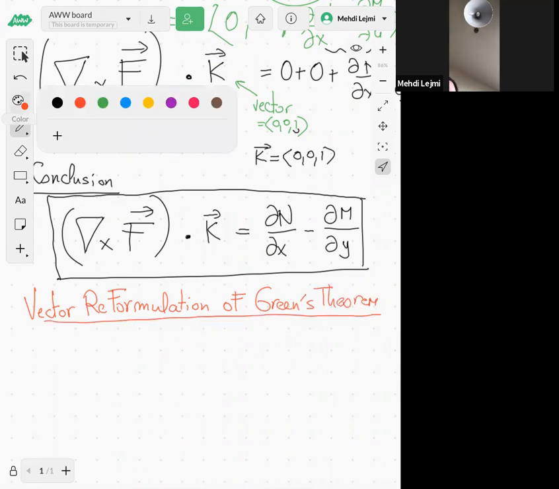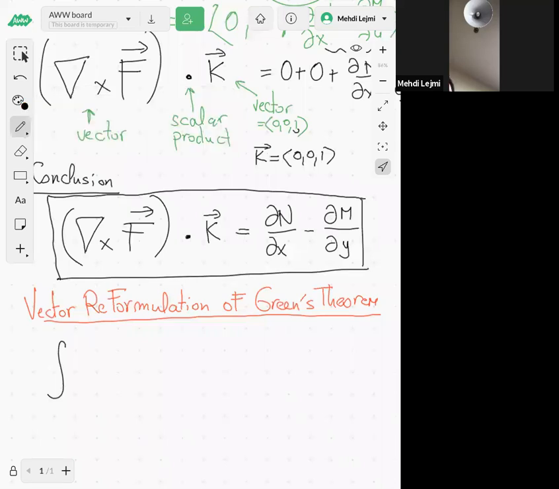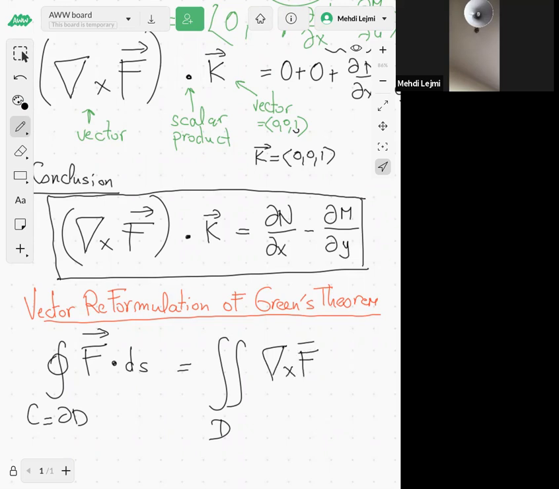What we are saying is that the vector line integral of F, the vector field F along the boundary of D, would be equal to the double integral over D of partial N partial x minus partial M partial y, but that's actually equal to the curl of F scalar product with the vector k, dx dy.